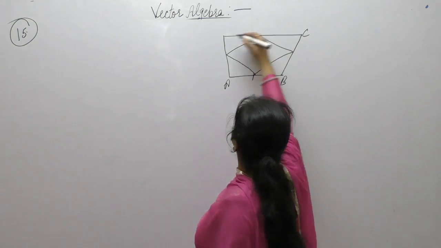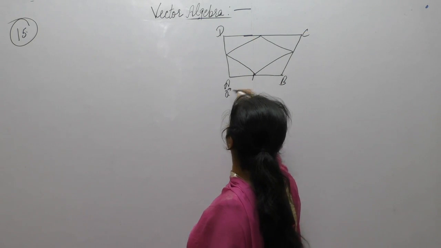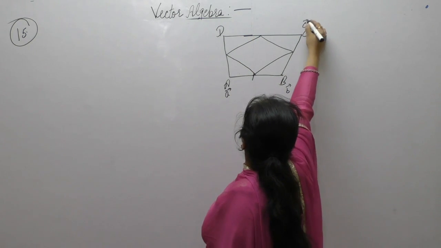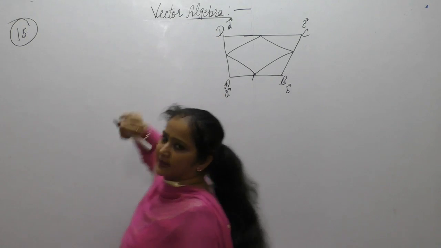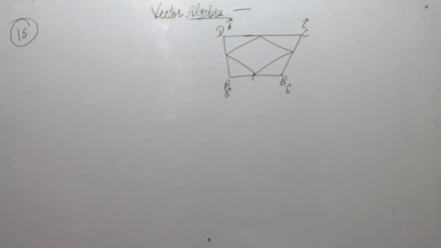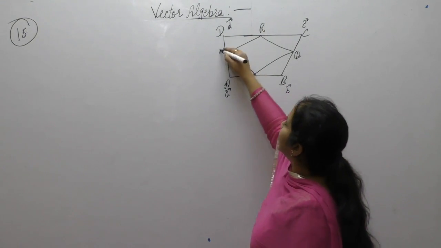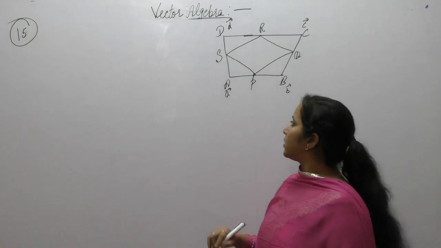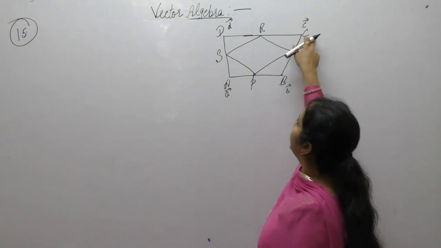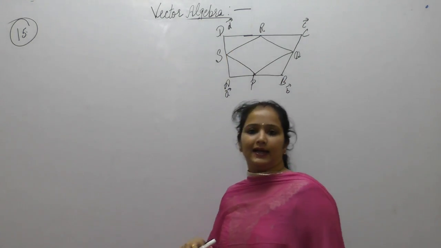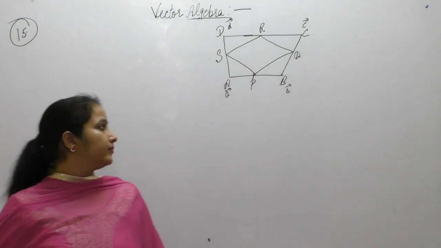Let ABCD be a quadrilateral with position vectors A vector, B vector, C vector and D vector. Let P, Q, R, S be the midpoints of sides AB, BC, CD and DA respectively.